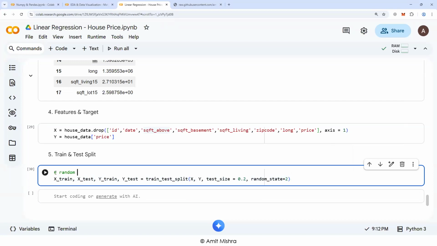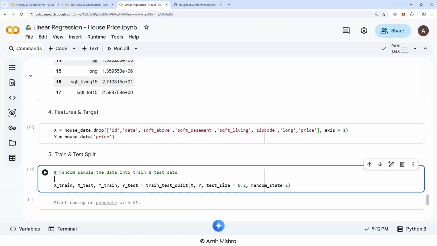This is about randomly sampling the data into train and test sets, followed by a test size of 20%, which also means that your training sample size is 80%.